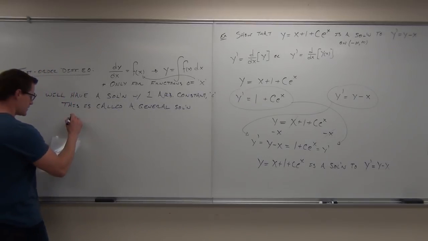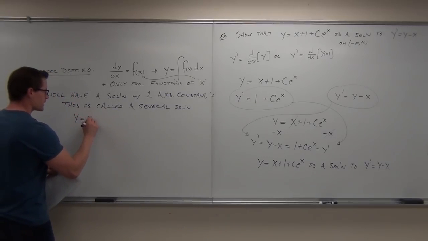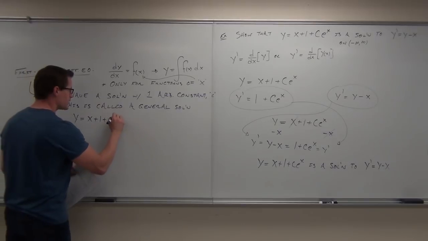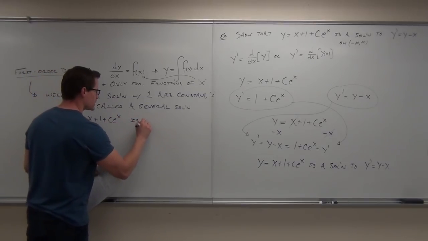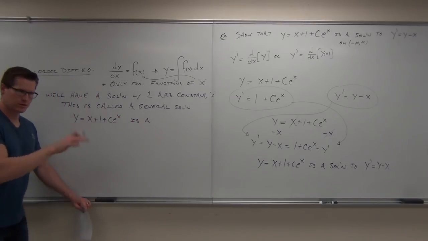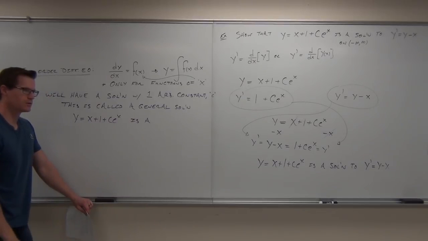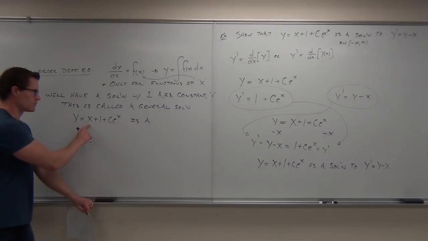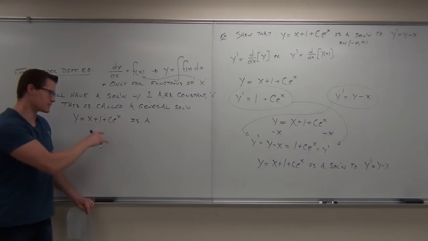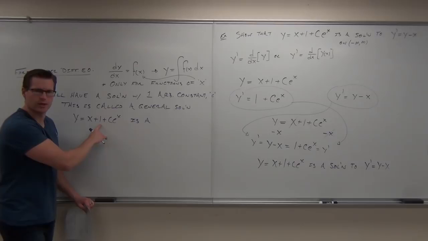So for us, we'd say that y equals x plus 1 plus c e to the x is a general solution. Look at this with me for a second. How many constants do you have? One constant. Well, sorry, one arbitrary constant. And this is a fixed constant. This one does not change. How many arbitrary constants do you have?